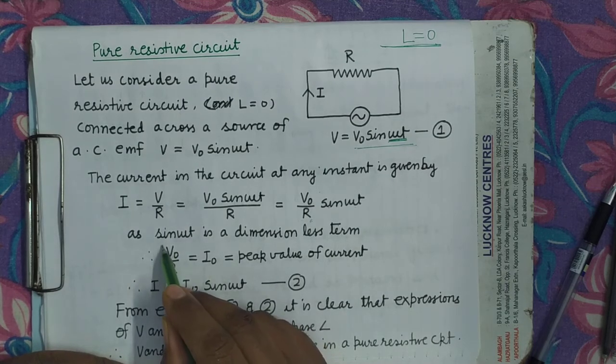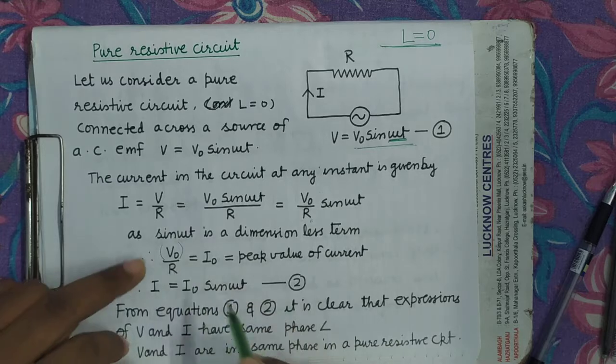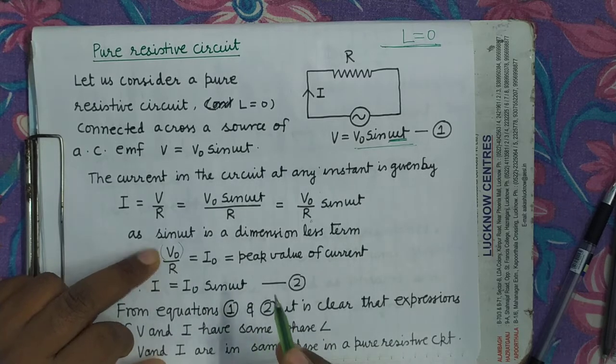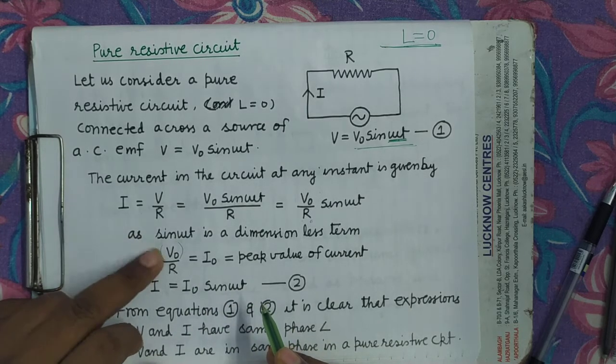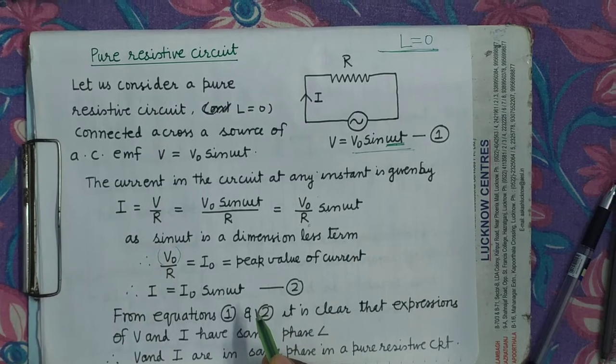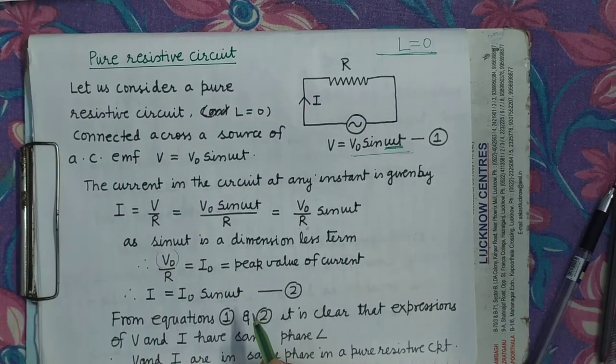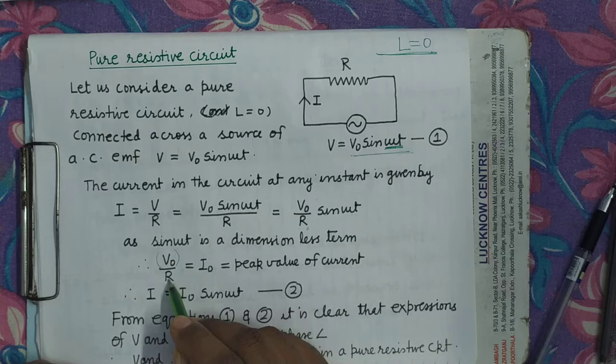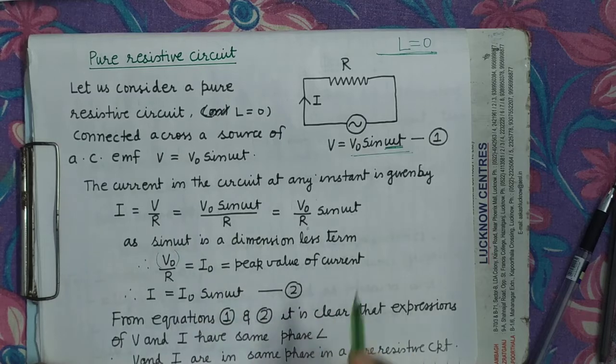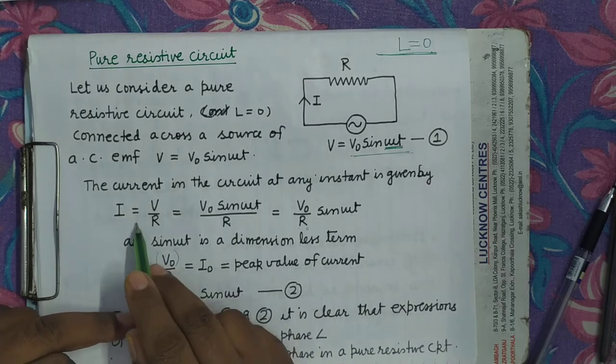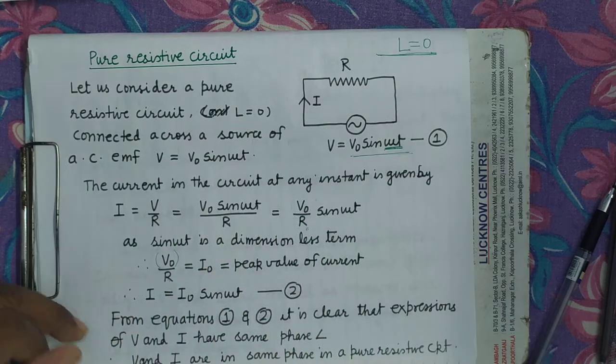Since this current corresponds to the peak value of voltage, V naught, which is the maximum value of AC voltage, V naught upon R is called the peak current, I naught, the peak value of current. Therefore we can write I equals I naught sin omega t.